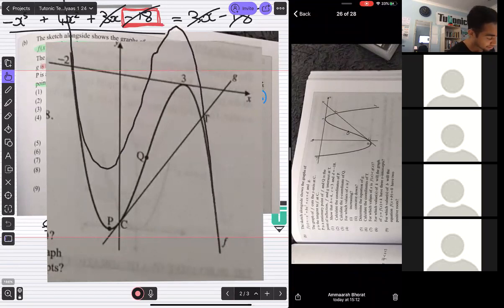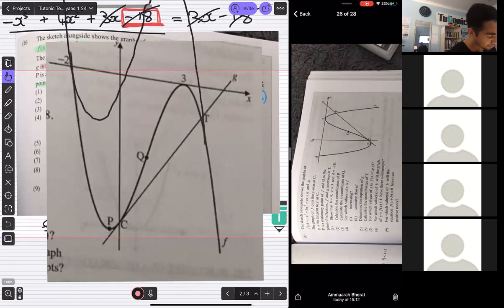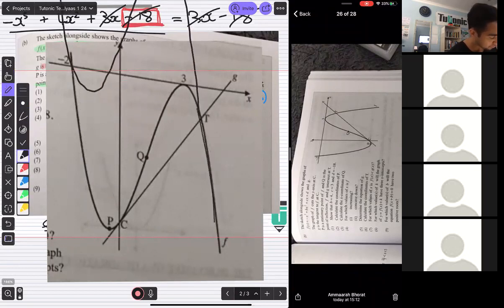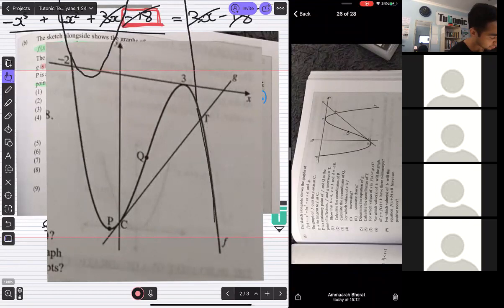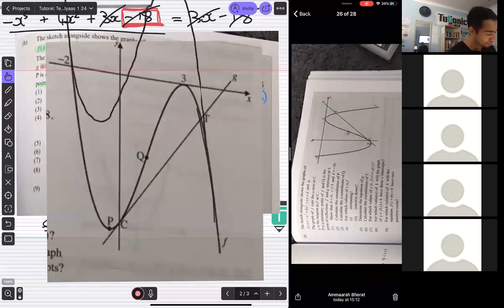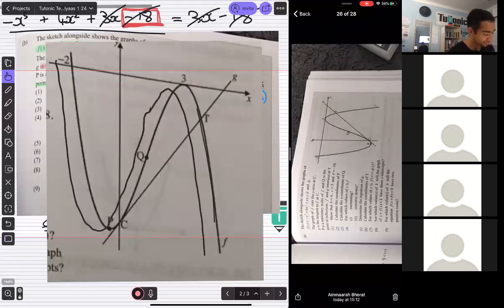But look what happens, guys. Look what happens. Now up till here, it's now 2. So it's going to be between here and here that is going to have 3 x-intercepts. You guys see that?